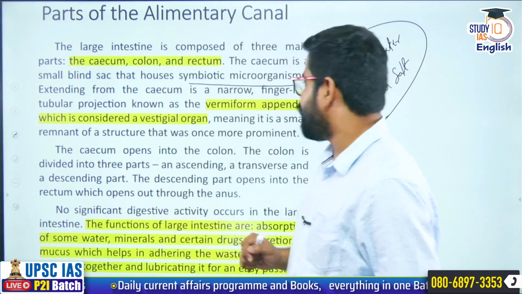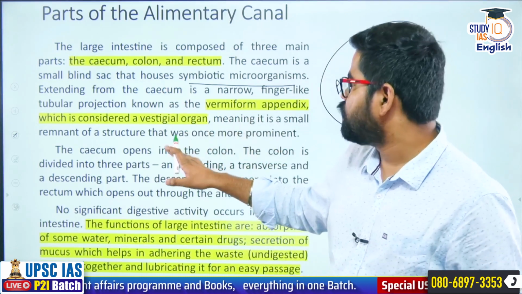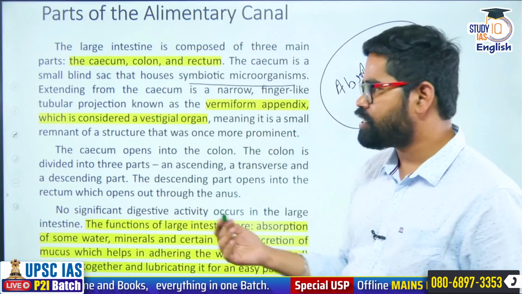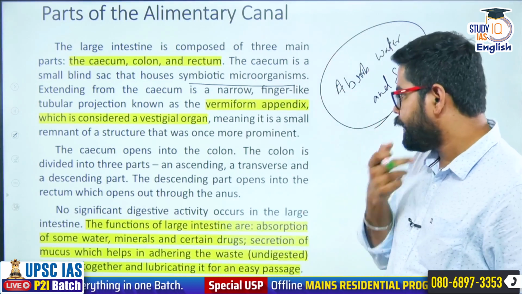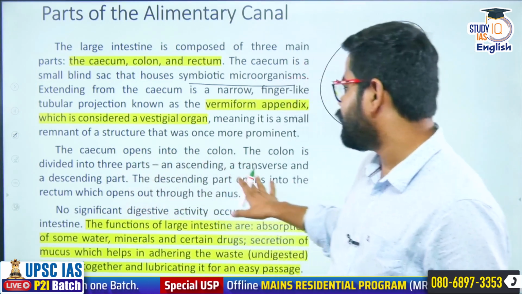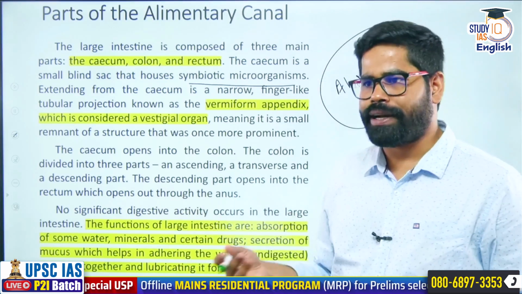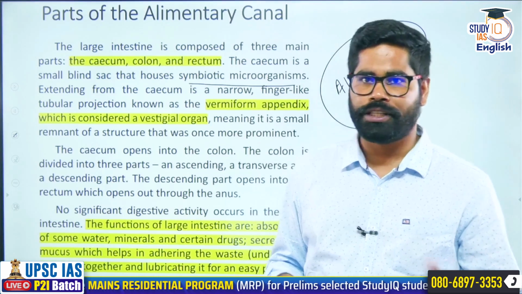There is also a vermiform appendix, and it is considered a vestigial organ, meaning having no such use. Then it opens into the colon, and then finally it goes through the rectum and is removed from the body through the anus.